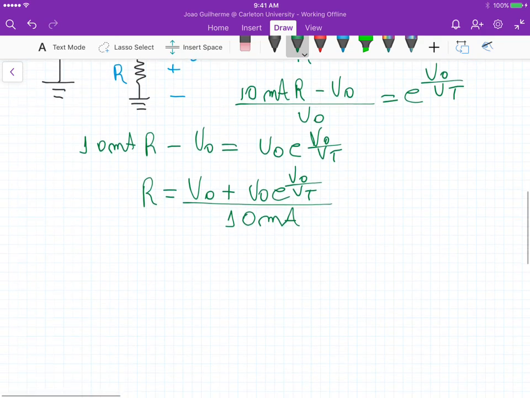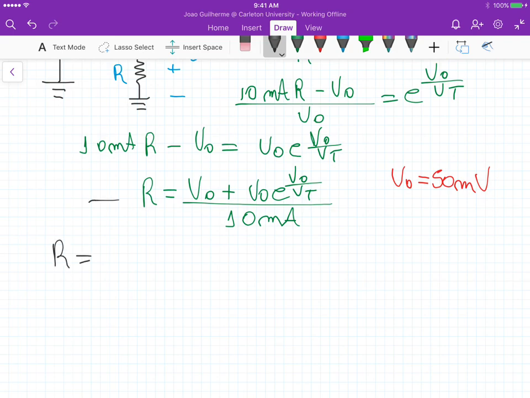And we know V0: we want V0 equal to 50 millivolts. If we substitute this into the equation, we get 50 millivolts plus 50 millivolts times exponential of 50 millivolts divided by the thermal voltage.